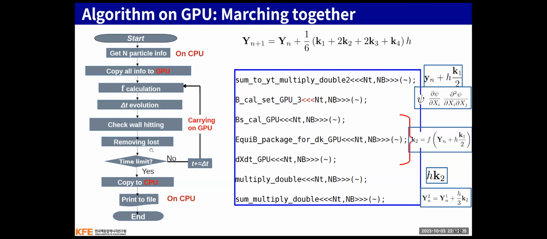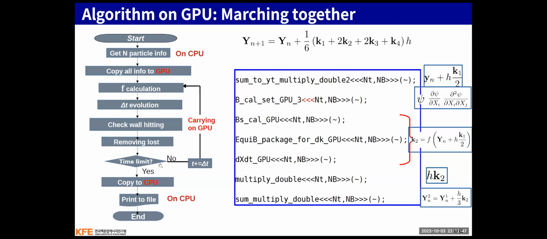And we remove a lost particle. That means if the particles are outside of the device, then we remove the particle from the device calculation, and we check the time limit, and we repeat this time evolution procedure.